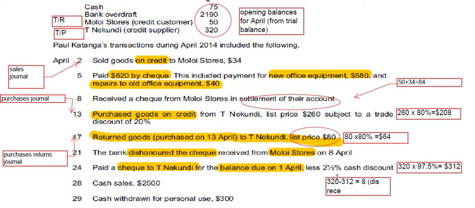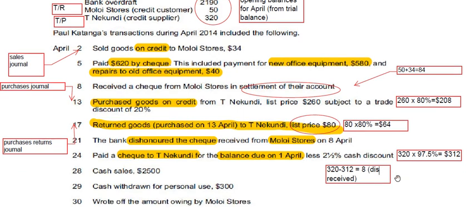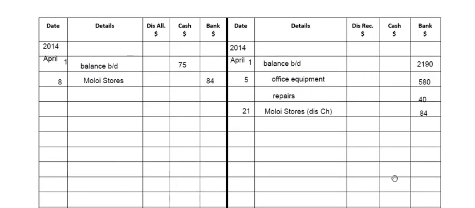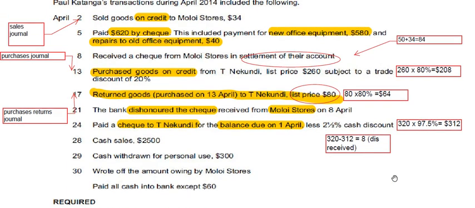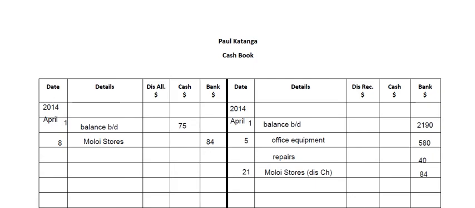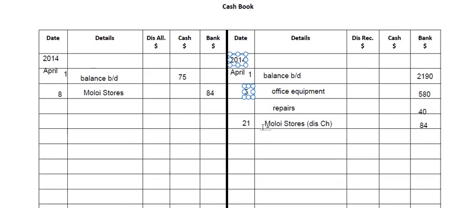Okay, so let's enter it on the credit side of the cash book. So we paid a check to T Nikundi. So we are making a payment on 24th to our trade payable T Nikundi. Okay, and we are paying 312 by check, and we are receiving a discount of $8.